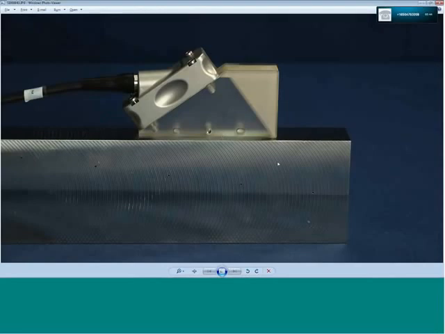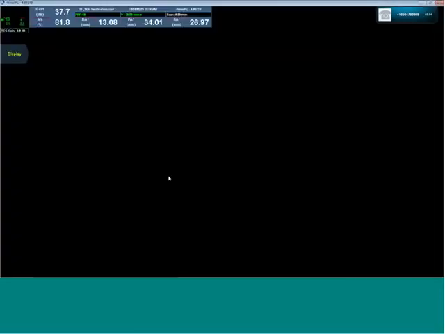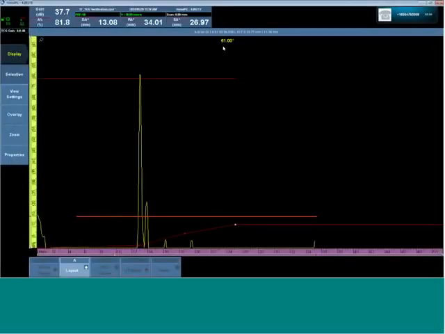If the material velocity of this calibration block was entered correctly, then the beam formation with those parameters is going to give me what I need to form the correct angle at the correct position.